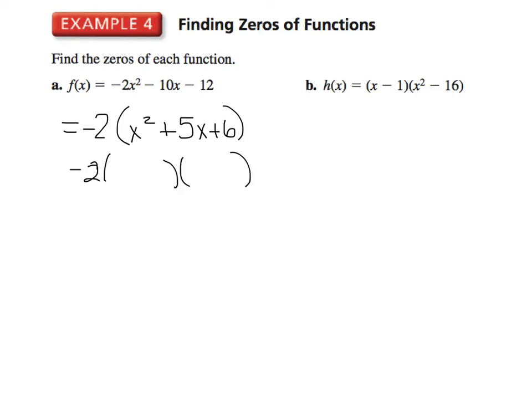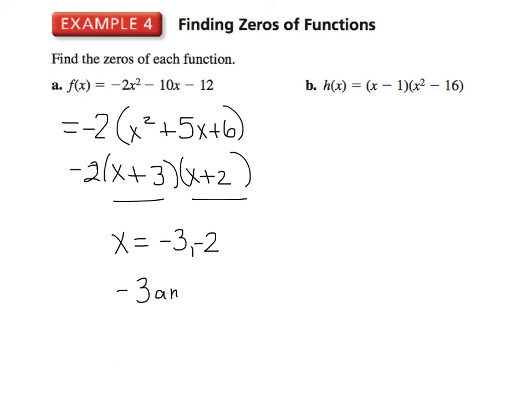If I factor into binomials, I would get x plus 3 and x plus 2. That does give me a middle term of 5x. Therefore, if I set each of these equal to 0, my zeros would be negative 3 and negative 2.